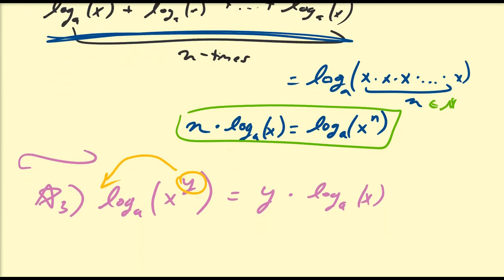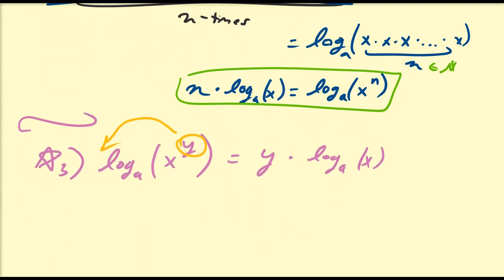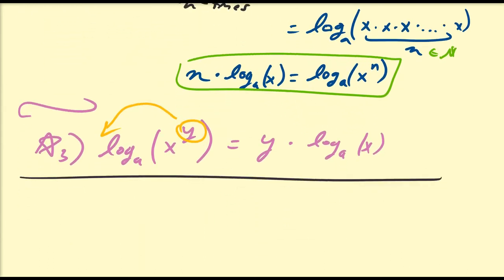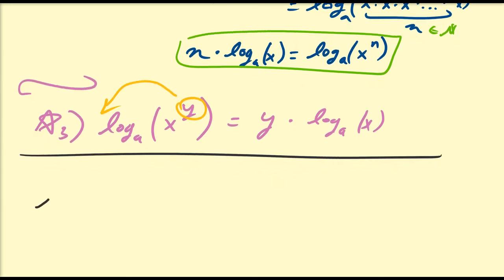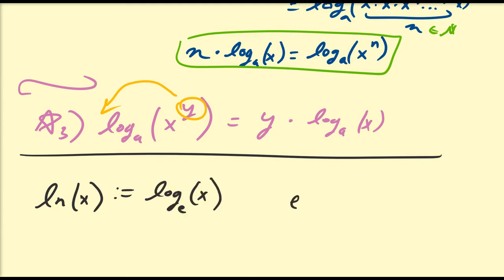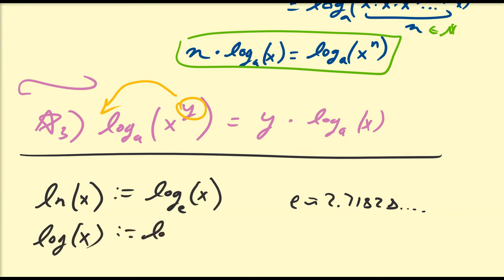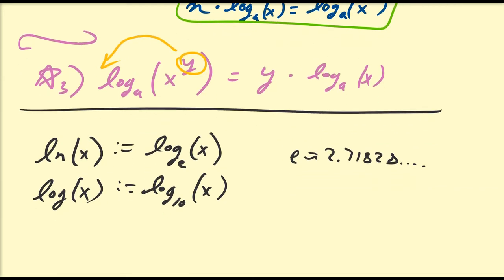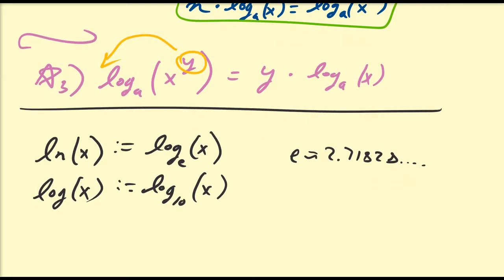All right. So just a quick reminder on some of the special logarithms in case you don't remember. Ln of x, which is sometimes called the natural log of x, is defined to be equal to the log base e of x, right? Where e is that special number 2.71828 and so on. Sometimes log of x is used as log base 10 of x, the base 10 arithmetic that we usually learn.